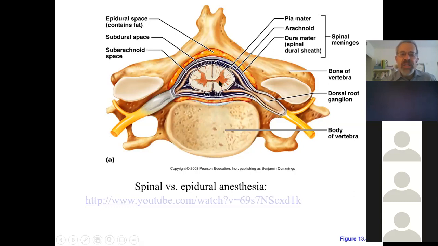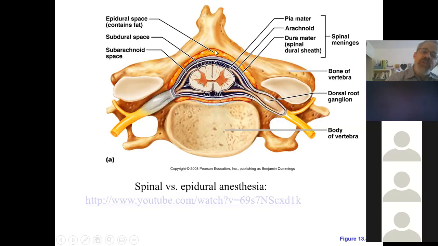If you look here, there's the spinal cord, these are the meninges, a little bit closer up, right? This yellow area is the epidural region, where this is all fat. If someone gets an epidural injection, it goes right into that fatty layer. Because it's located in the fat, it's a little far away from the spinal cord, so it takes a little while for it to trickle in.